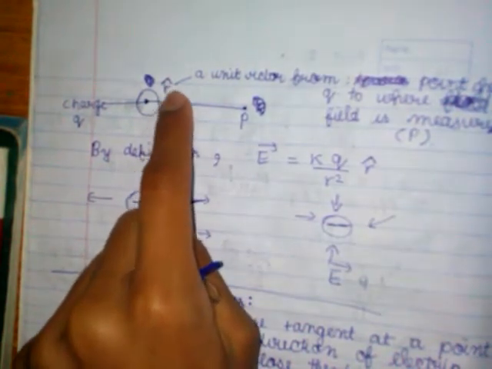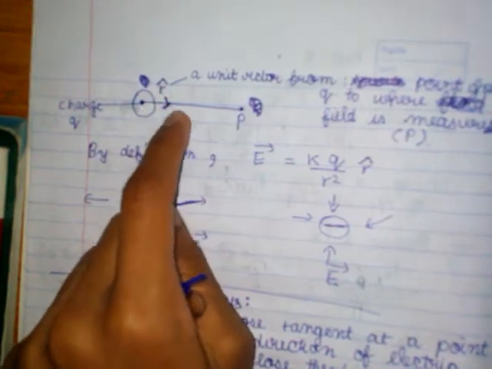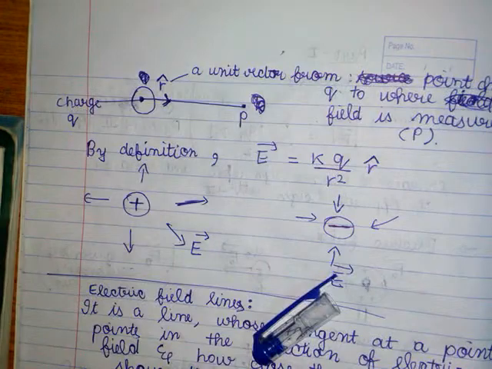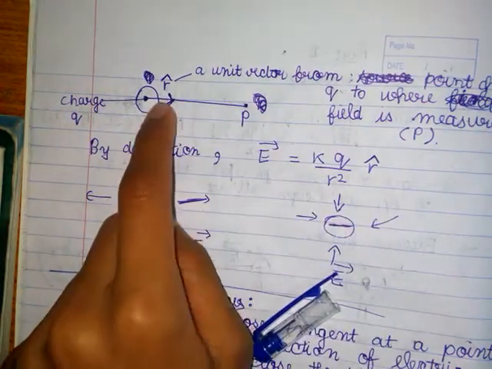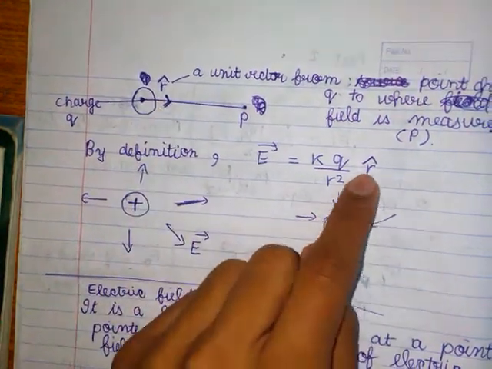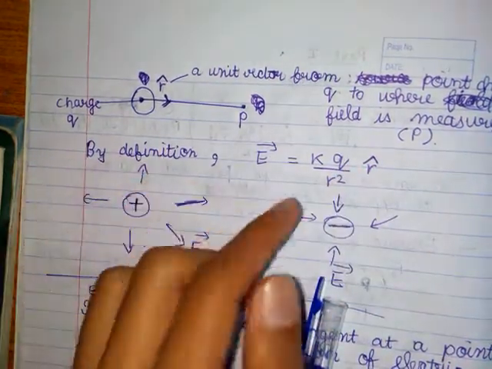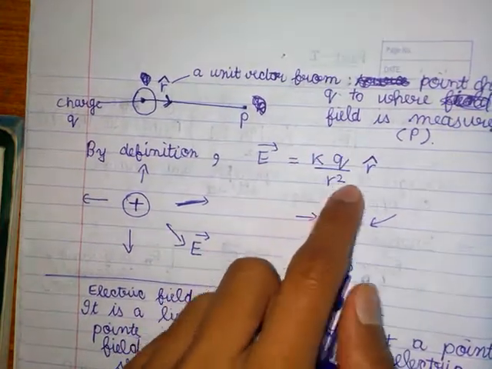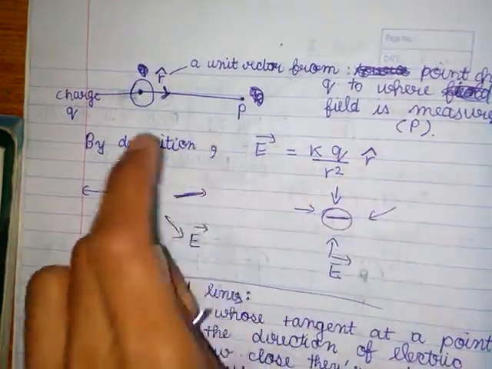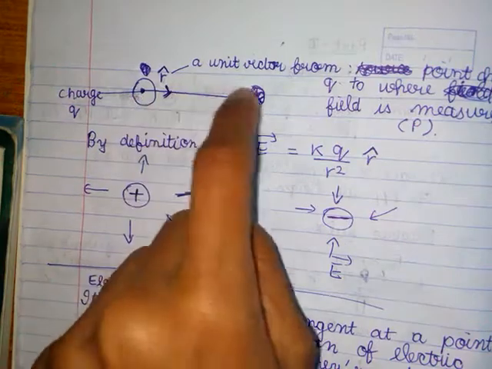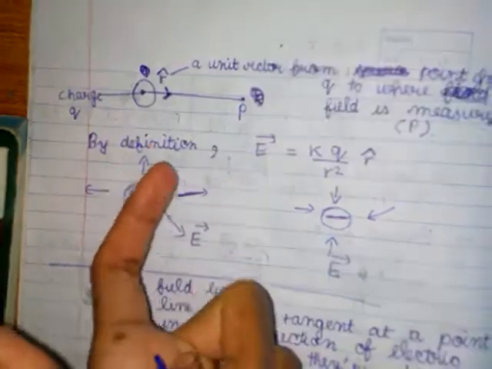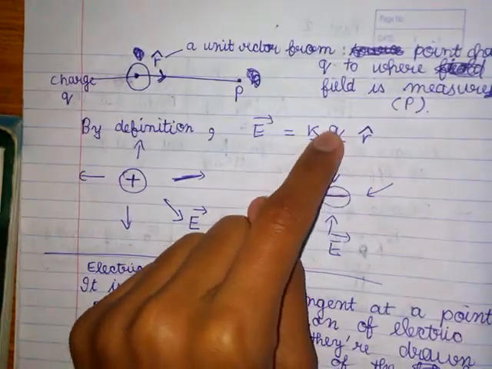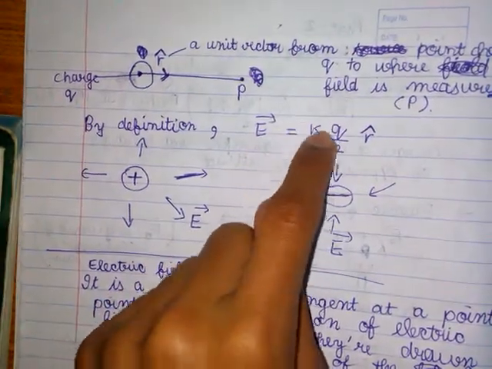What it represents is a unit vector, that it doesn't change the value, just gives the direction, and its magnitude is just 1, and since multiplying by 1 doesn't change the magnitude, the electric field here will have the magnitude of kq by r square, and its direction will be from the source to the point where we measured the field. But if the charge is negative, the vector reverses.